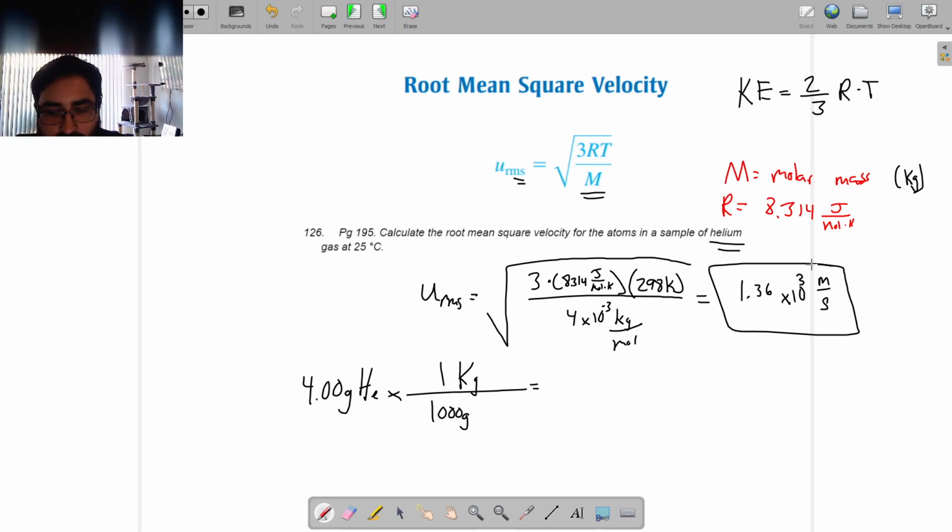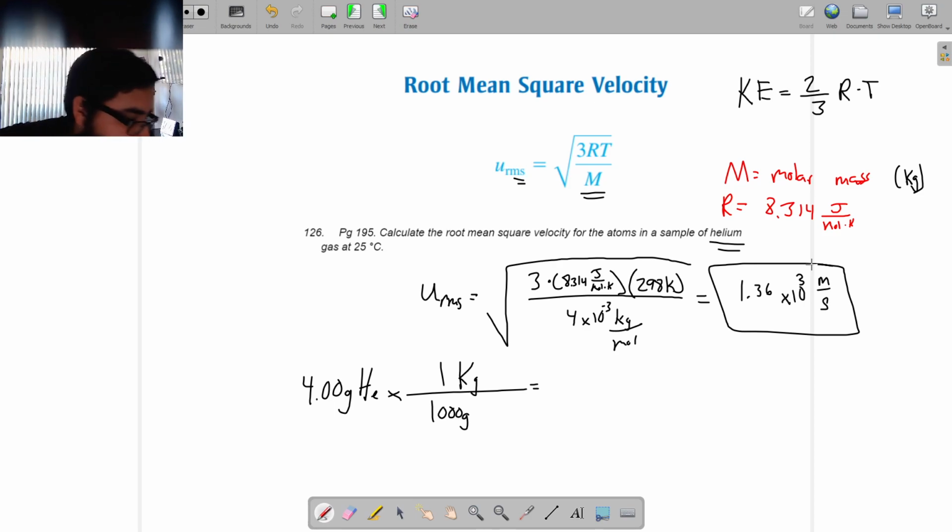All right, 1.8 times, and then we take the square root. Okay, I did get that, for sure. I think my fingers are a little too fat, so they kind of messed me up. All right, so that's basically it for these types of problems.